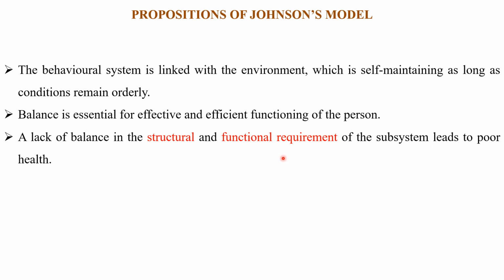So a subsystem has two requirements. One is structural and the other is functional. When there is a lack of balance in both these requirements, that leads to poor health. In the coming slides, we will be seeing what the structural and the functional requirements of the subsystem are.